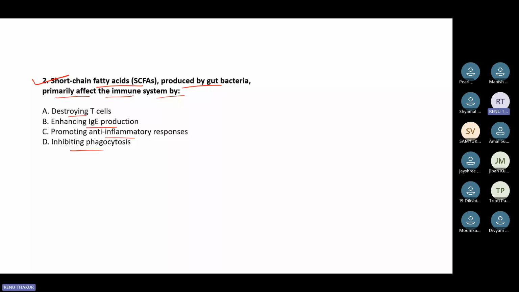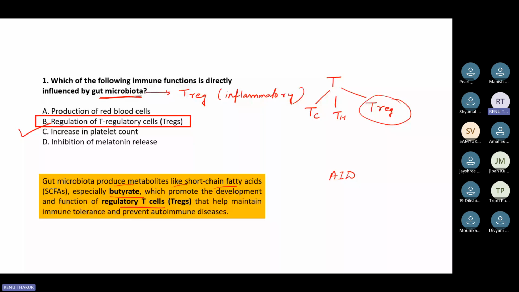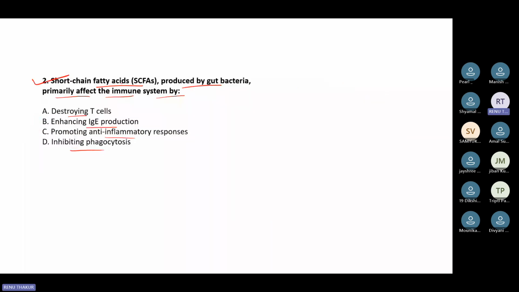We have just read that our gut microbiota produces metabolites like SCFAs, short chain fatty acids, for example, butyrate. What will butyrate do? It will be directly involved in the inflammatory responses. It will stimulate the regulation of T regulatory cells, and T regulatory cells are involved in inflammatory responses. So SCFAs will start promoting the anti-inflammatory responses.